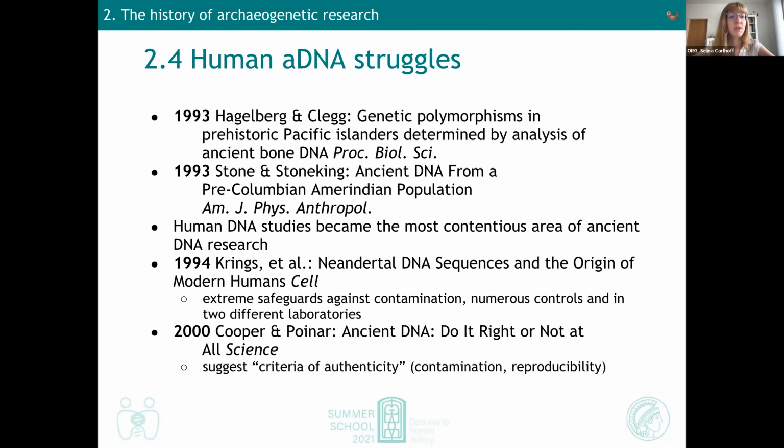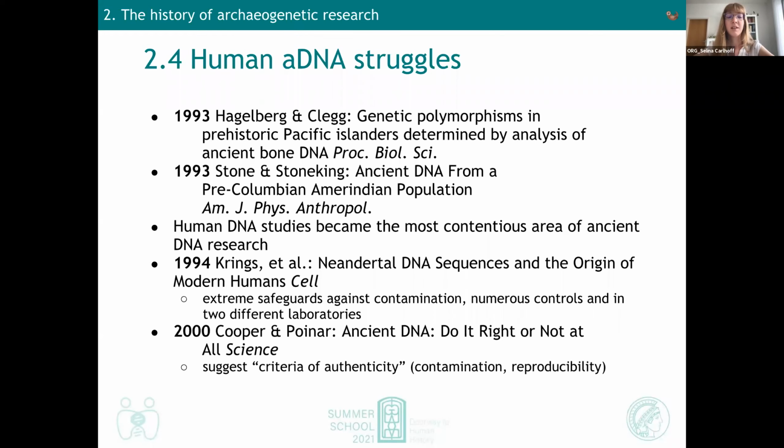So with bones being available to archaeogenetic studies, many researchers tried their best to investigate archaeogenetics and, for example, posted the first studies looking at prehistoric Pacific Islanders and also prehistoric North American populations.